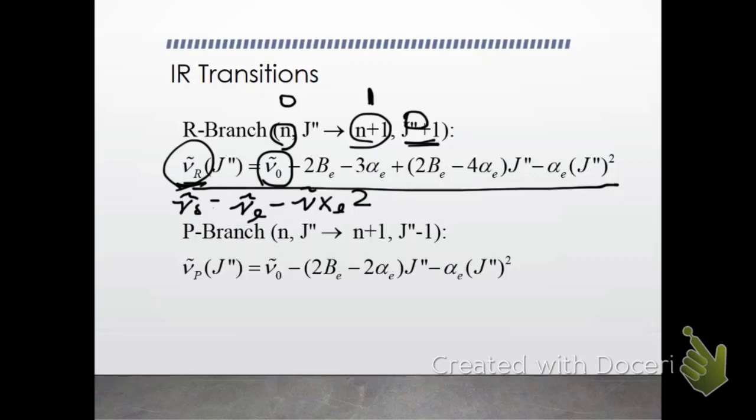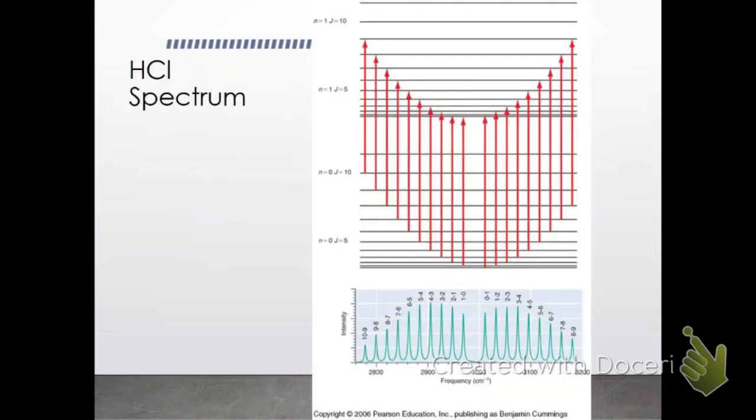And that would be dead center in the middle of our spectrum. So this would correspond right here in the middle of our spectrum to nu sub 0. And again, we're not going to be determining the anharmonicity constant from our data here.